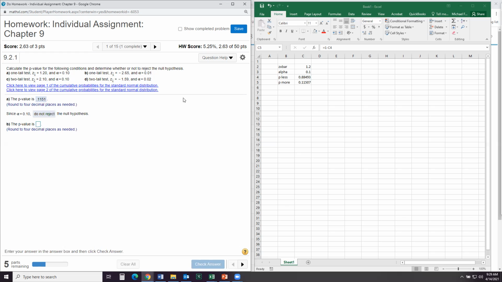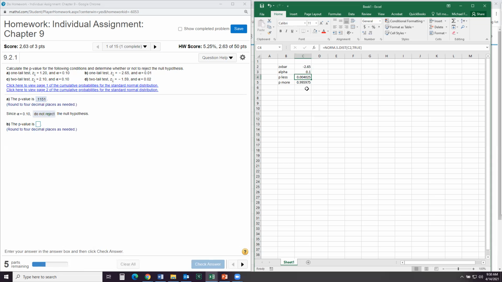The second one's really similar. I'm just going to change my z of x bar to negative 2.65, because that's what it is on this second problem. Because it's a negative, I want to look at the probability that it's less than that, further away from the mean.